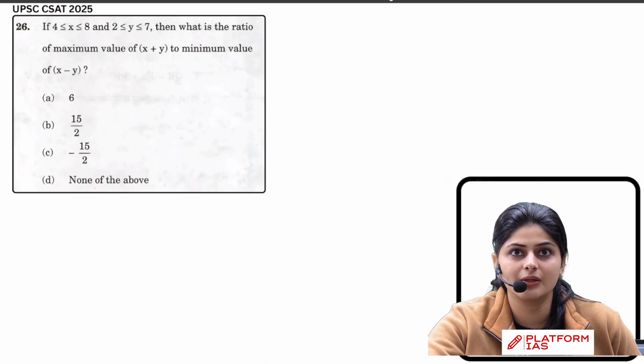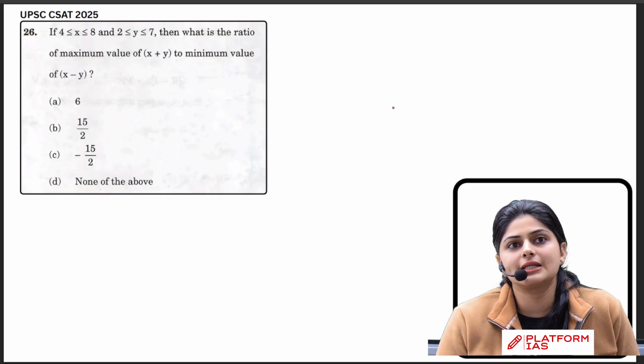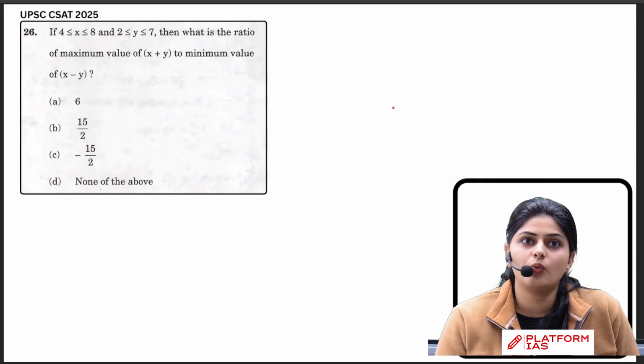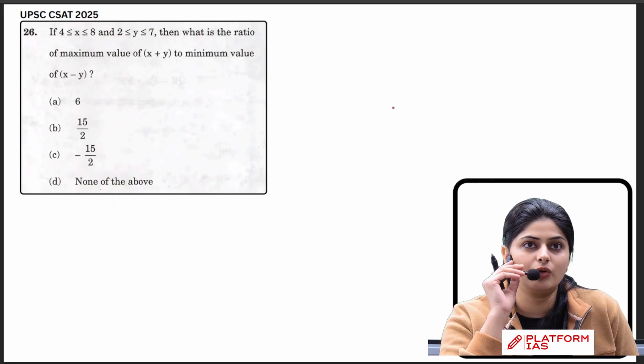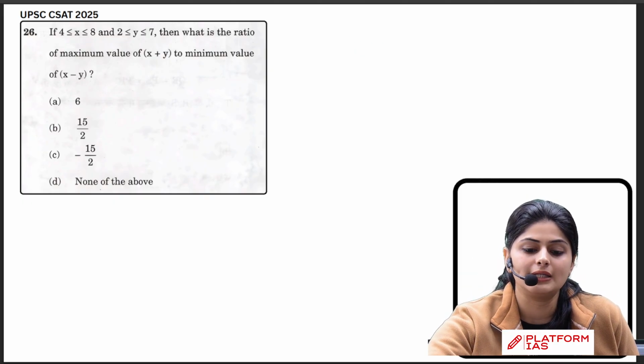That is question number 26. If x is greater than or equal to 4 and less than or equal to 8, and y is greater than or equal to 2 and less than or equal to 7, then what is the ratio of the maximum value of x plus y to the minimum value of x minus y?